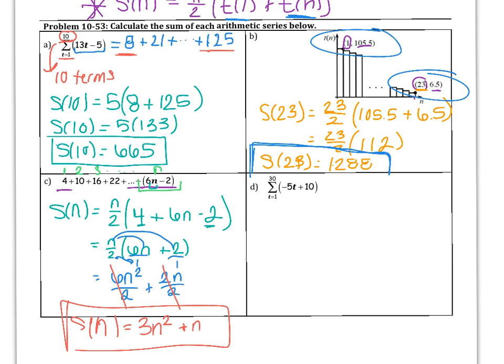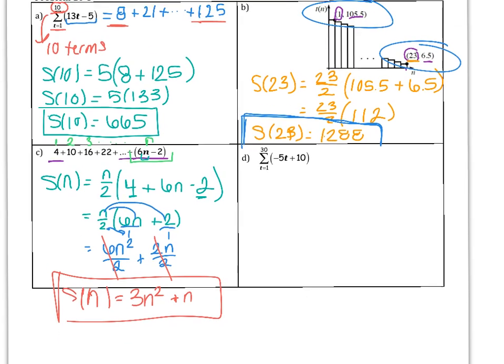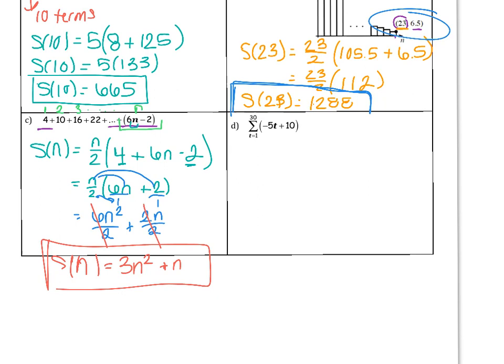All right, one last example here. So in part D, we're back to using summation notation. Again, we can see here the first number we plug in is 1, the last is 30, so that indicates that there are a total of 30 terms. We don't have the first and last term specified, but we can quickly find those out.